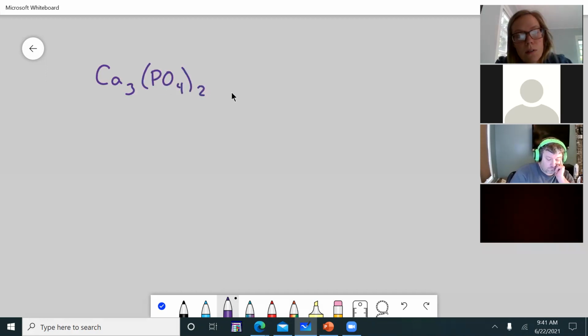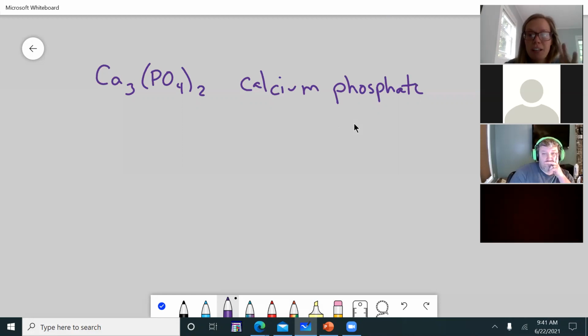Ca3(PO4)2. This is something called calcium phosphate. And don't worry about the name just yet. We'll get into that a little later, but I think some people were asking, oh, what are these named? So tell me how many you have of each element within this compound.